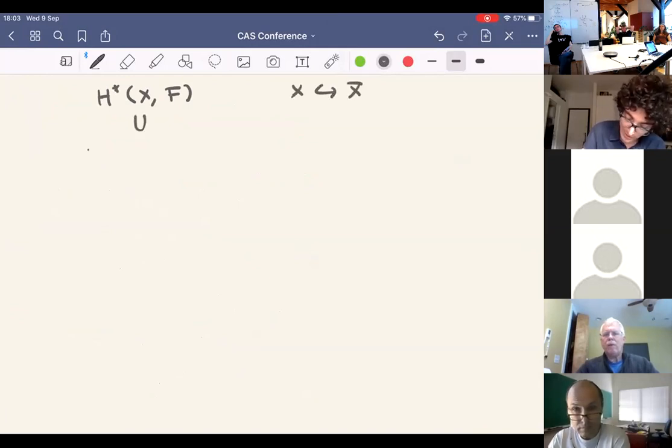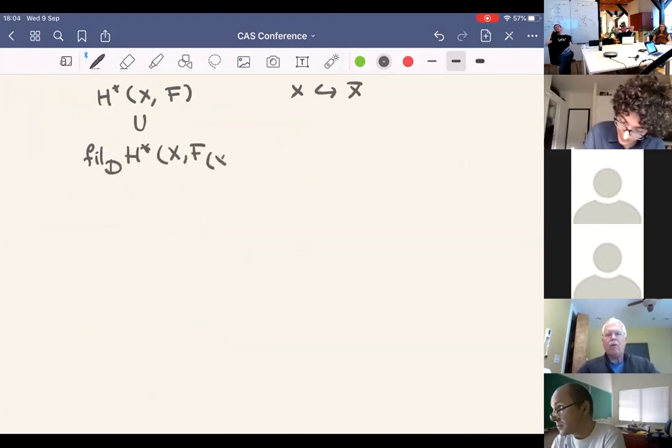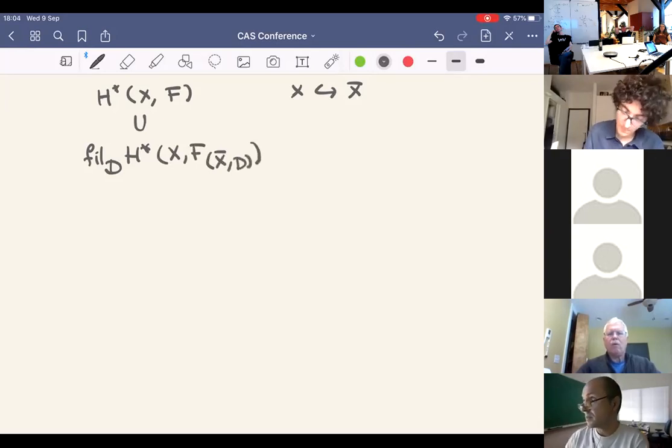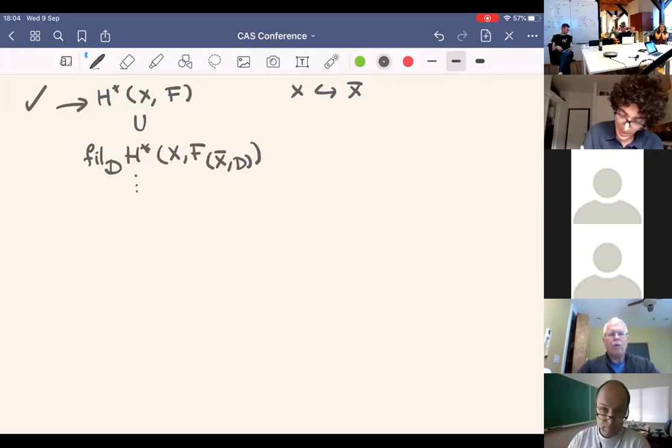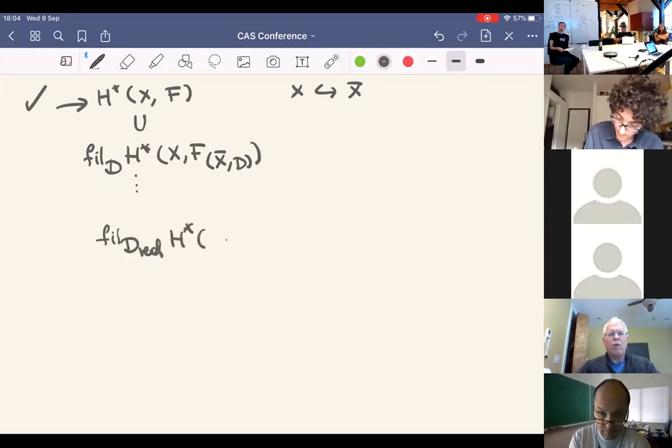Here, I would like to have something like fill D H star of X on F on the pair X bar, D. This is something that you can write as Hom in logDM. Here you have fill D reduced. This is also fine somehow, and you can compute in logDM.